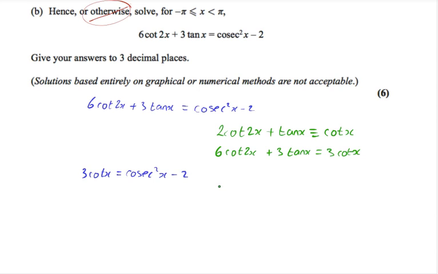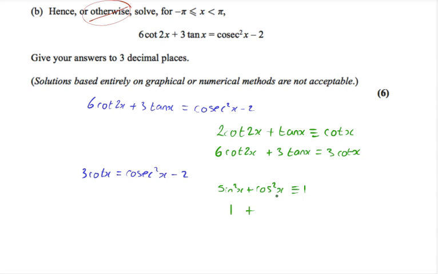We now need to remember the identity that sine squared x plus cos squared x is identical to 1. We can form 2 other identities from this, either by dividing by sine squared x or dividing by cos squared x. If we divide everything by sine squared x, we get sine squared x divided by sine squared x equals 1.